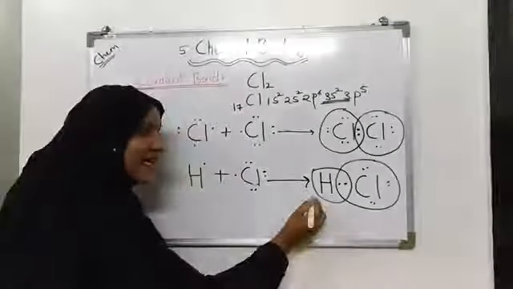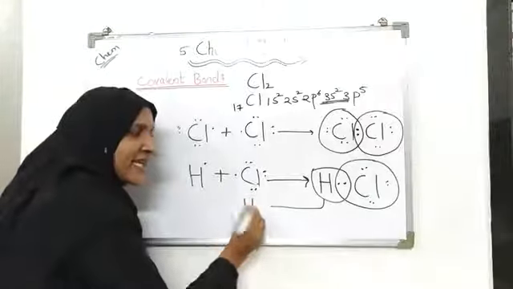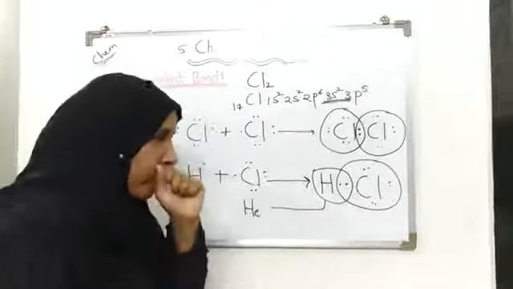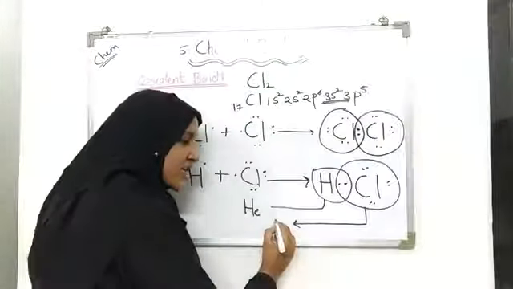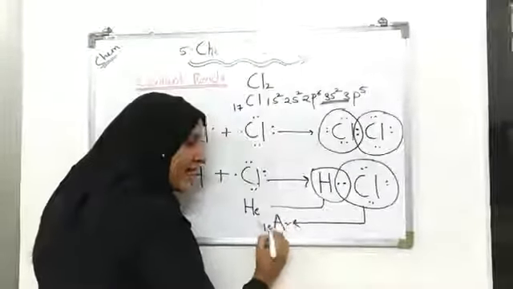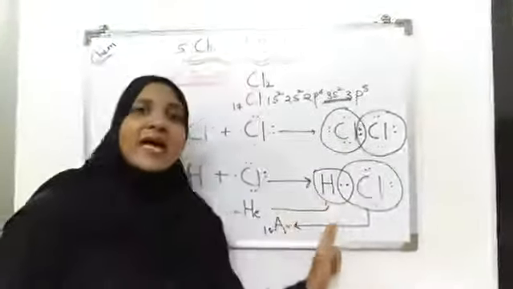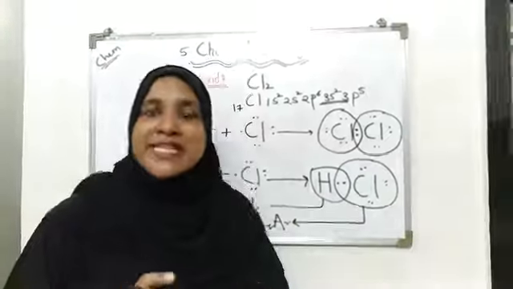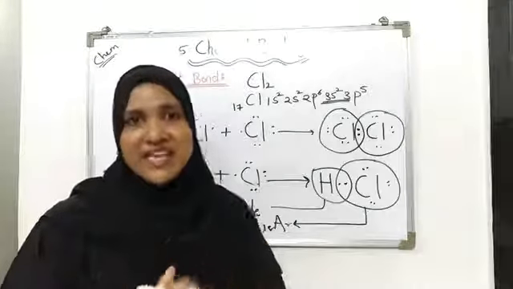So hydrogen is showing a similar state as helium and chlorine is acquiring a similar configuration as argon. So they are both now in a stable form with minimum energy and higher stability.